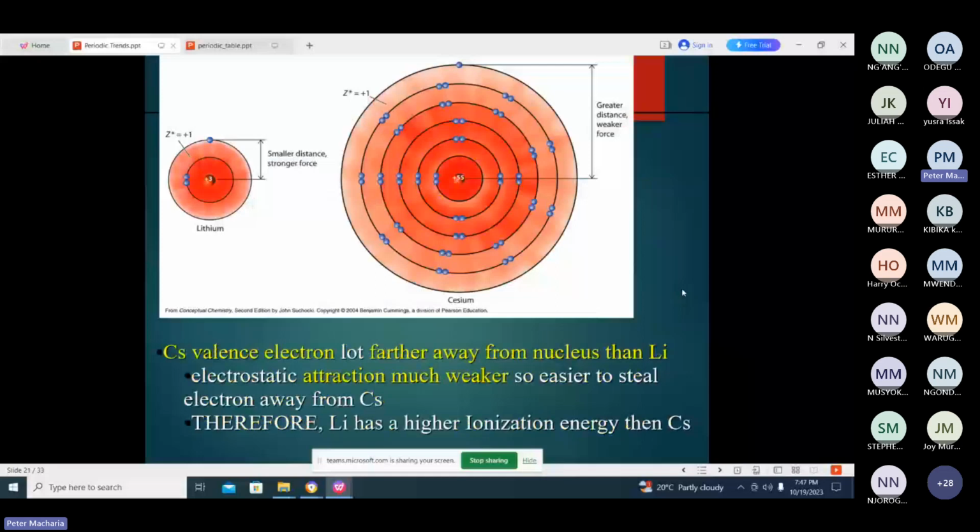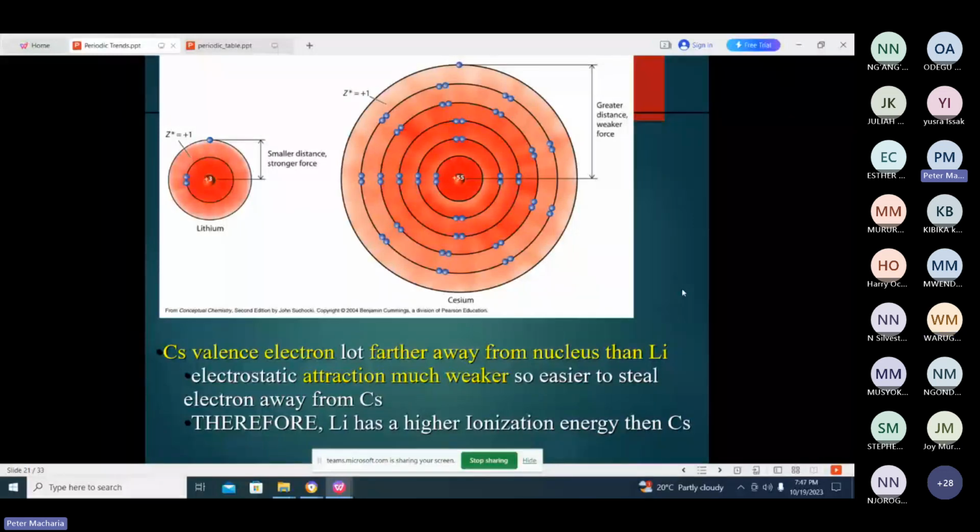So generally, what we are showing here is that for those elements that have very many principal quantum levels, the outermost electrons are very far from the nucleus. That is where we are comparing, for example, lithium and cesium.